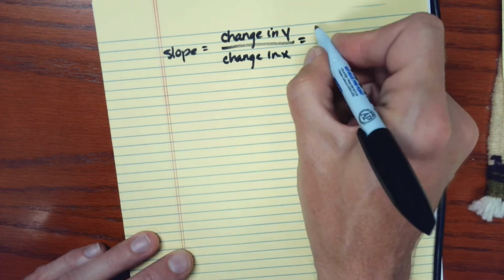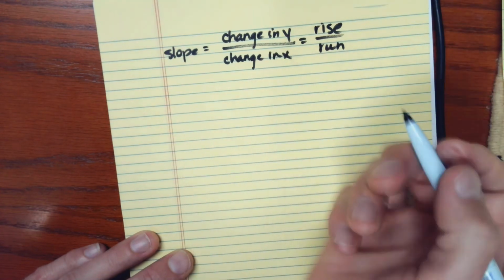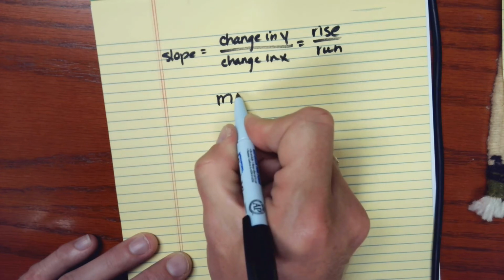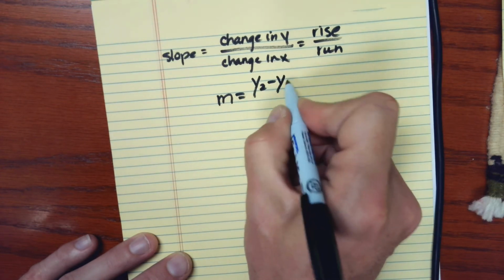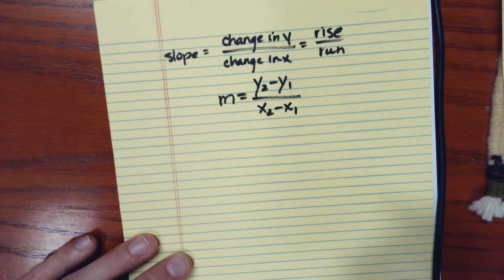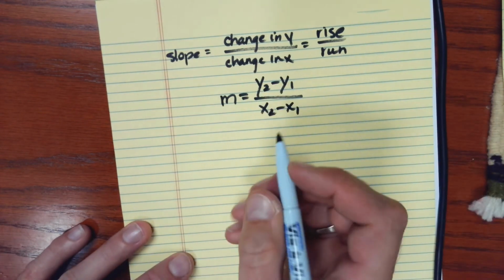Other people like to say rise over run, but the formula that most people are familiar with uses the symbol m for slope and is y2 minus y1 over x2 minus x1. So in order to calculate slope using this formula, we need 2 points.